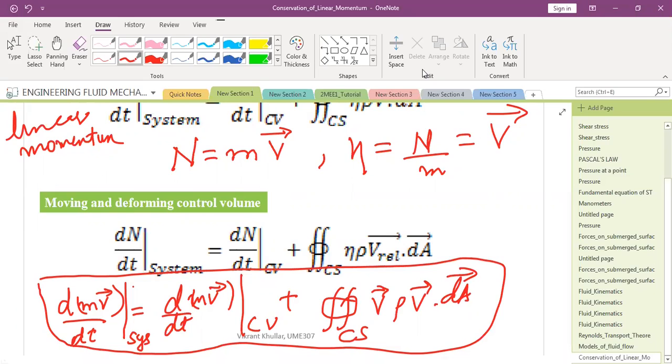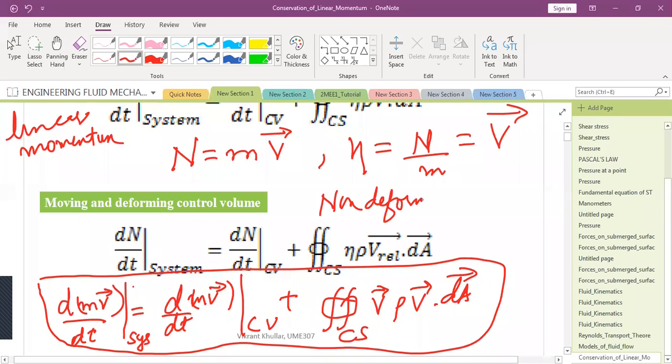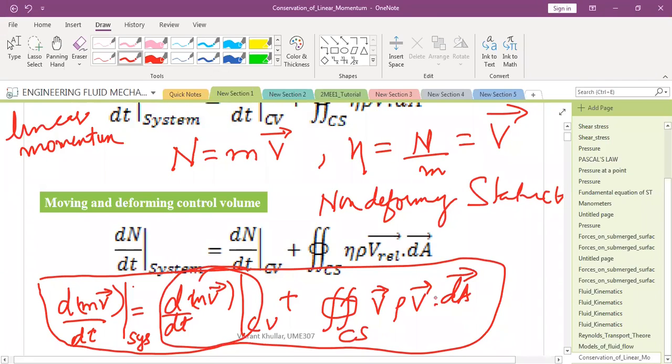Any doubts to anyone? Now you know that if this is a non-deforming as well as stationary control volume, what can you do with this term?